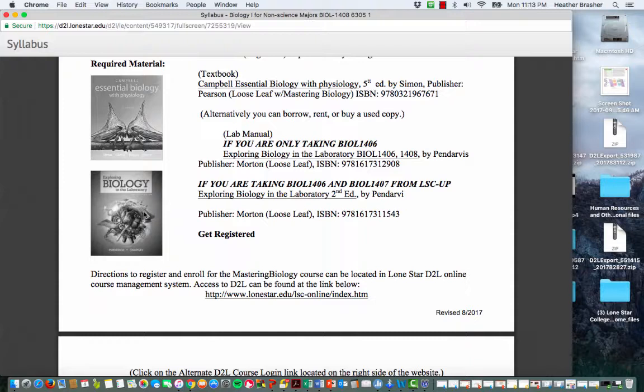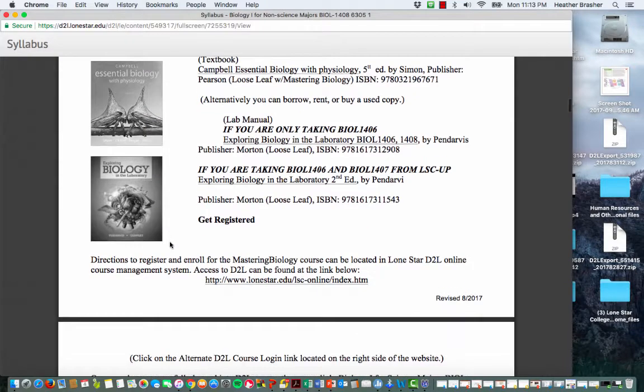So it's a custom manual, so you can save a little bit of money. And if you're only taking part 1, they have it for just Biology 1406, 1408. So you are going to have that, and you should really have it by Thursday. If you need one more day, please email and let me know. But you'll need to start filling stuff out so that you can study for your lab test.